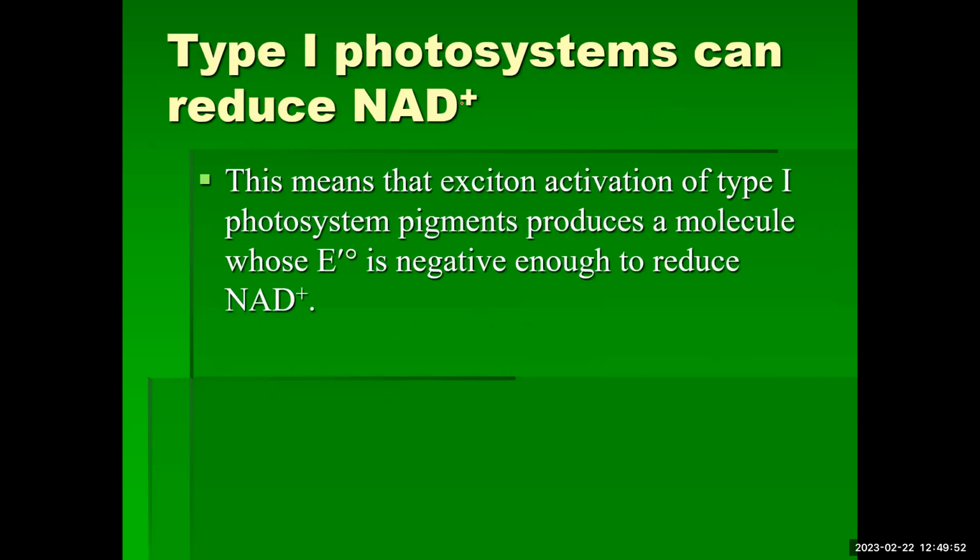And so that exciton transfer of the type 1 photosystem pigments produces a molecule that can reduce NAD to NADH. It can make reductant, NADH, NADPH, or it can be used to make ATP.